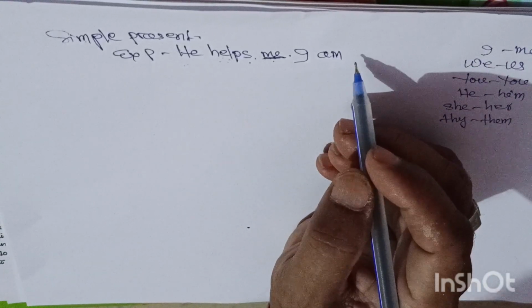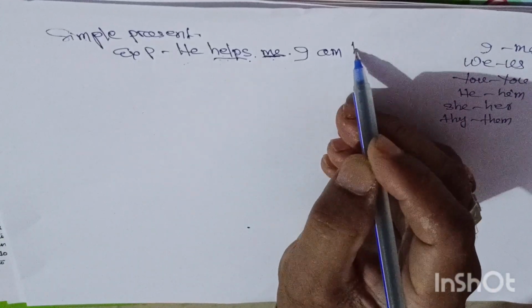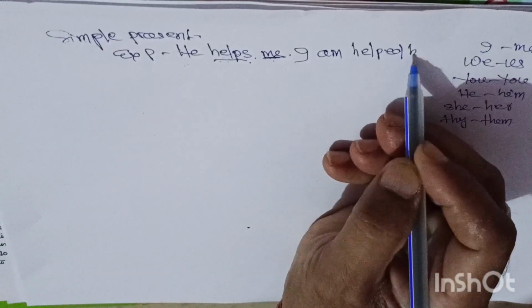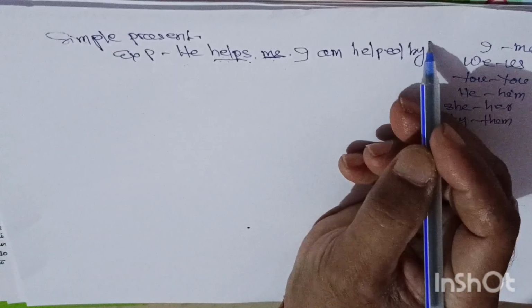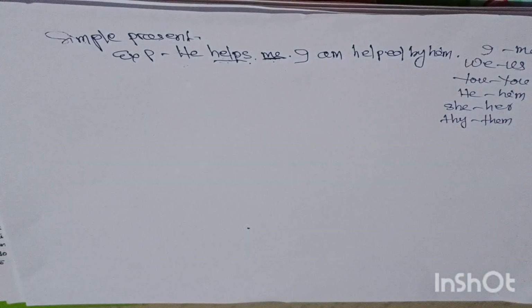Then the verb in past participle. Here the verb is helps. The past participle of help is helped. Then by is used, and he changes to him. I am helped by him. So when we convert active voice into passive, first we choose the object.